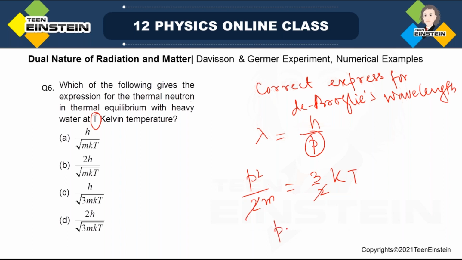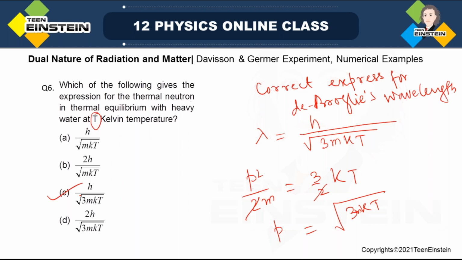So we can find p from here: p is the square root of 3mkT. If you put it in the de Broglie relation, you get de Broglie's wavelength as h by the square root of 3mkT. So this is how you have to solve. This is the correct answer.